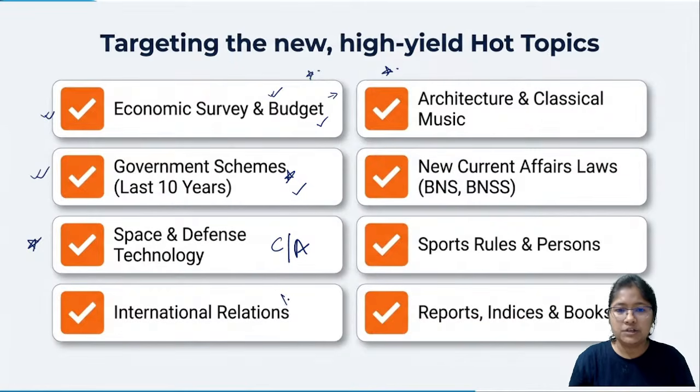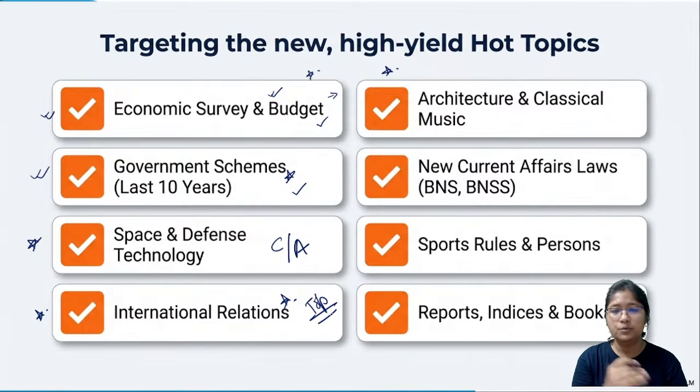And international relations, for example, give priority to what is on top. Here you can do selective study of what is very much in news. For example, BNS and road safety, that was very much in news, right?